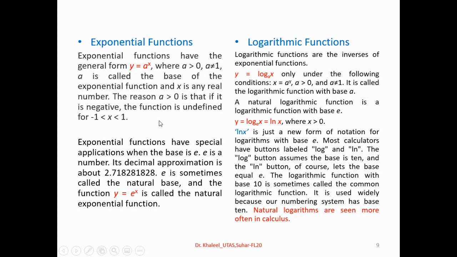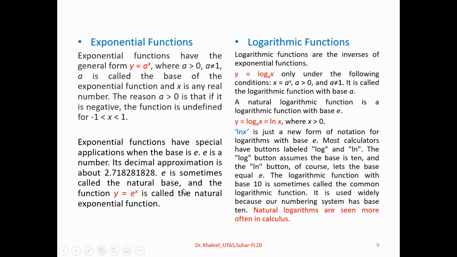Then we have exponential function of the second type where the base a is replaced by e, and we know that this e is an irrational number and its decimal value is approximately equal to this. You can check with the calculator. So this e is actually known as the natural base.